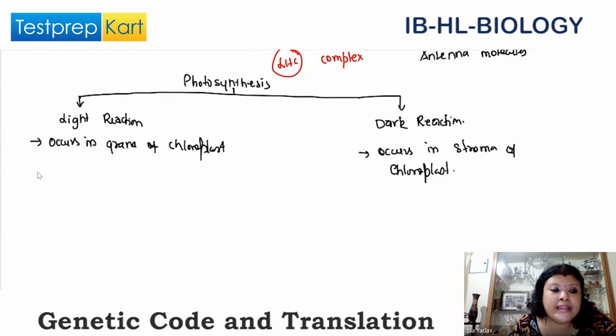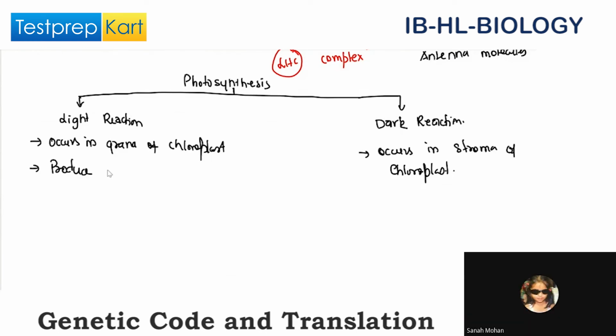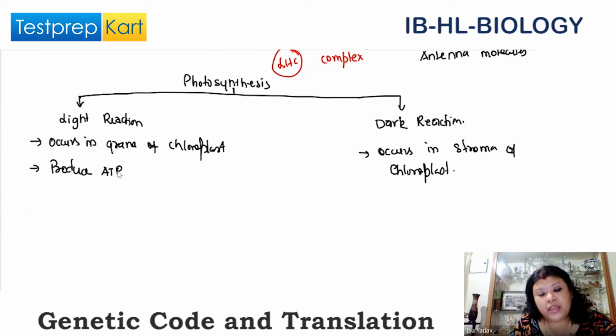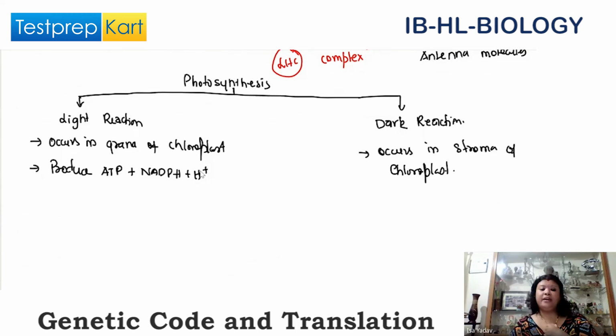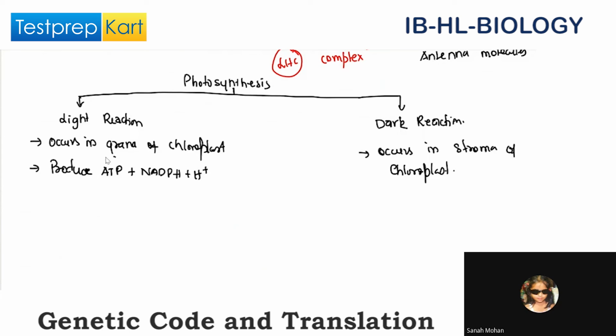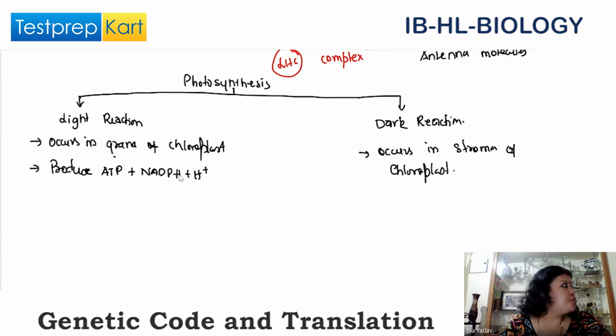Okay. Light reaction will produce ATP plus NADPH plus H plus. Clear? Okay, produce ATP plus NADPH plus H plus.